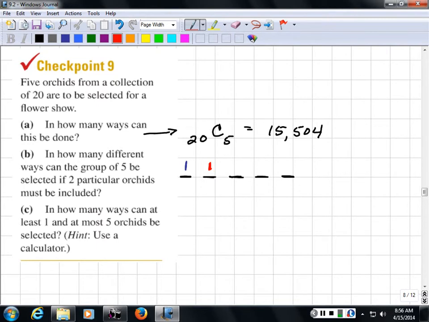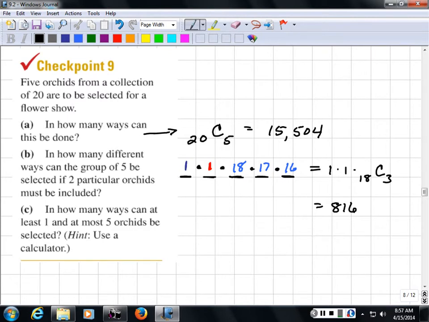How many orchids do I have left to choose from? Wait, 18. Now I can choose from 18 different orchids here, then 17, then 16, and I will multiply these together. Actually, it's 1 times 1 times 18C3, which is 816. Because I've got 18 that I'm choosing 3 at a time, right?